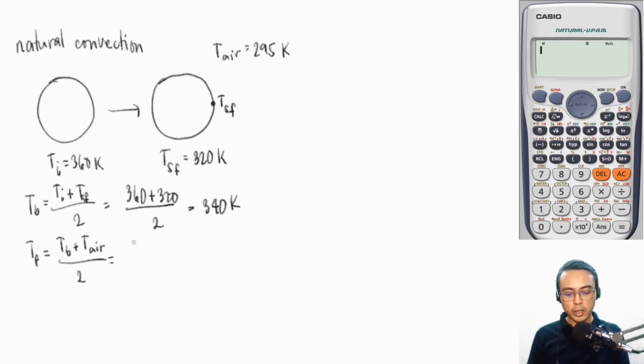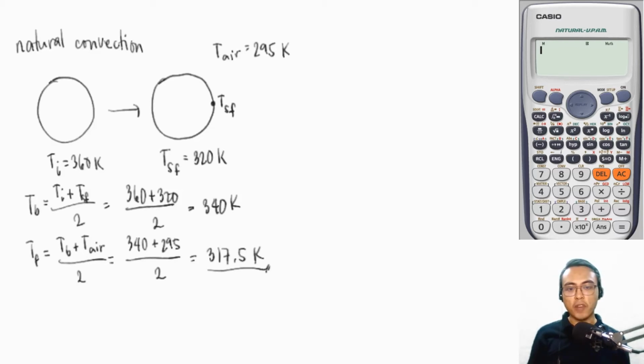That is 340 plus 295 Kelvin over 2, that is 317.5 Kelvin. Now we are to evaluate the physical properties of air such as density, viscosity, thermal conductivity, and heat capacity at this value of the film temperature.